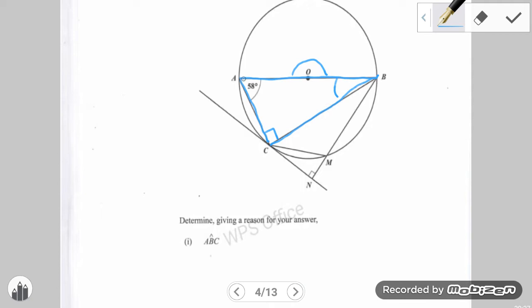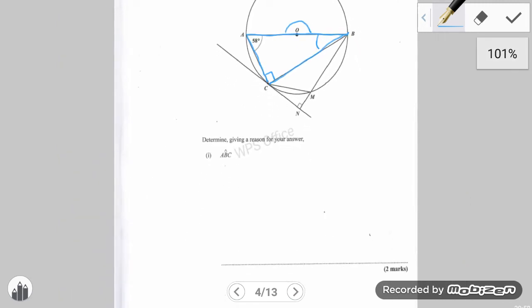So there's a line here that goes through the center that creates an angle of 180 degrees, but that line also creates an angle down at the bottom here that is half the size of the 180. So therefore, that's another reason why it's equal to 90 degrees. So it is 90 degrees here.